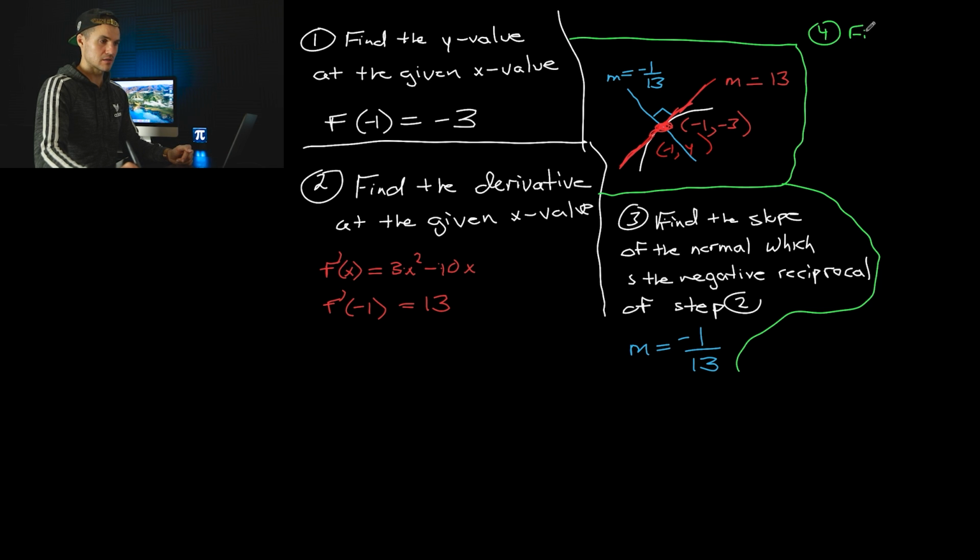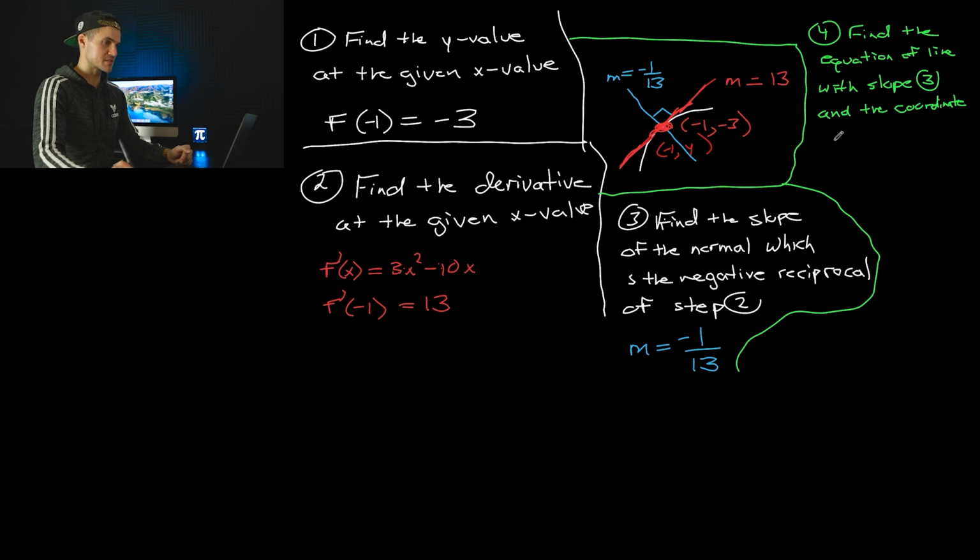So we would find the equation of the line, or of the normal, with the slope from step 3 and the coordinate from step 1. Because in step 1 we found the corresponding y value.